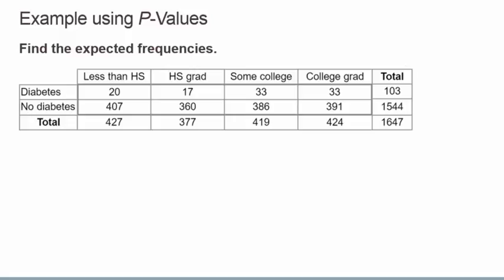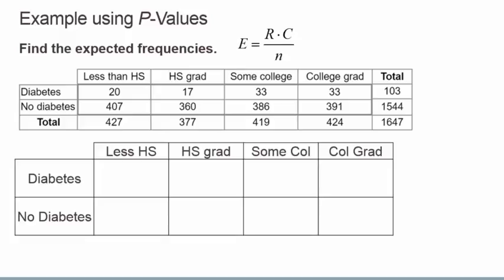Find the expected frequencies. We have the same table. Calculate the expected frequencies. E equals row times column divided by the sample size n. I start with my table where I have diabetes and no diabetes for my rows, and less HS, HS grad, some college, college grad for my column headings.